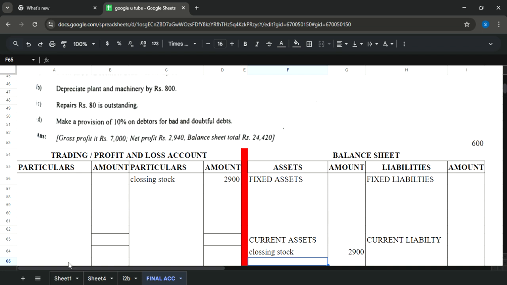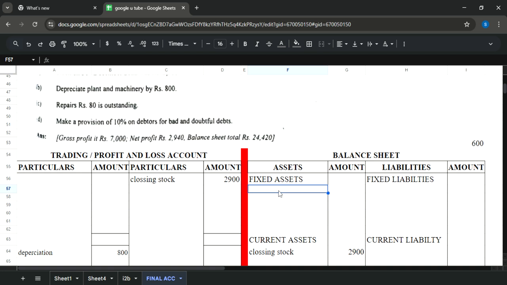After which B requirement is depreciation. As you know, in indirect expenses we will calculate depreciation, but here there is a little bit of ease for us. Why? Depreciation is already calculated, so we are going to write it directly. Depreciation 800 would be written over here, and then we will go to our fixed asset side.